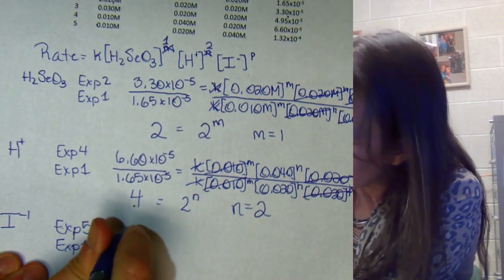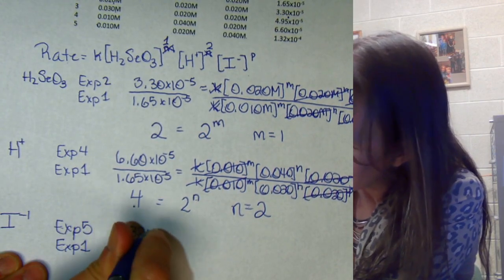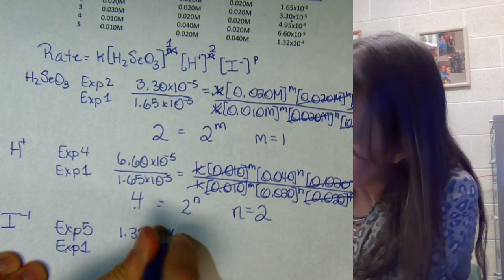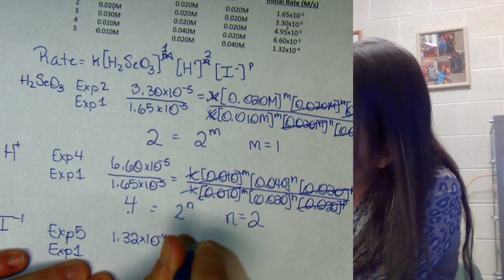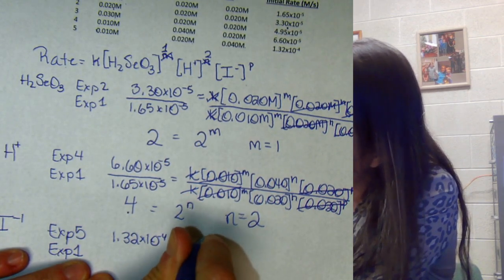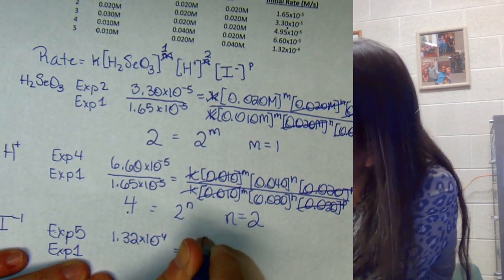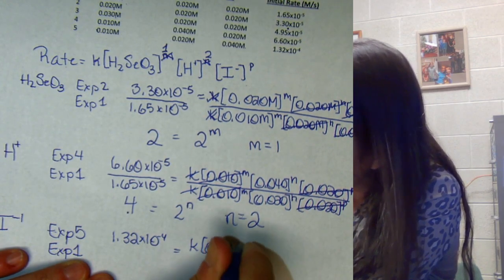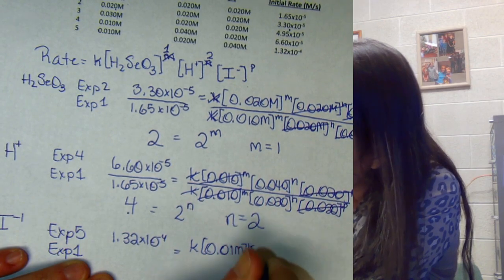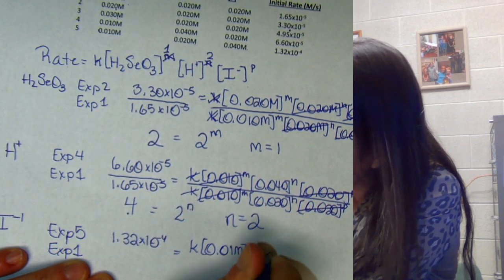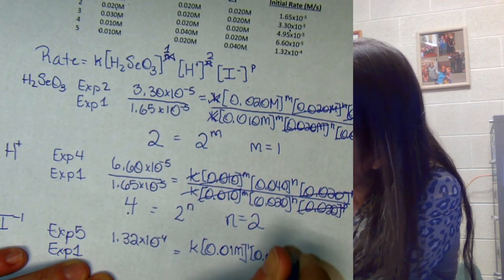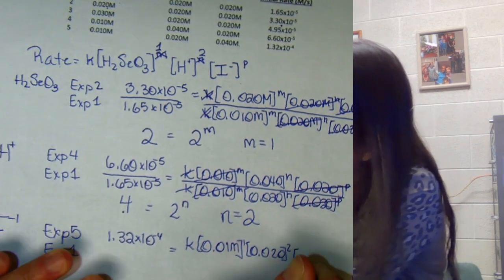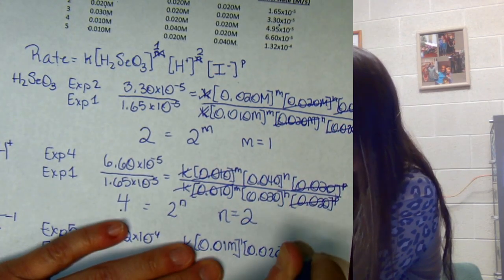So 1.32 times 10 to the negative 4, K, and then the concentration of your acid, the concentration of the hydrogen ions, the concentration of the iodide.